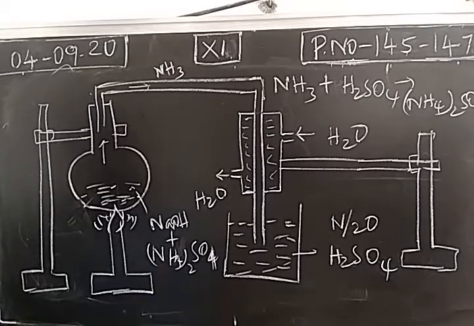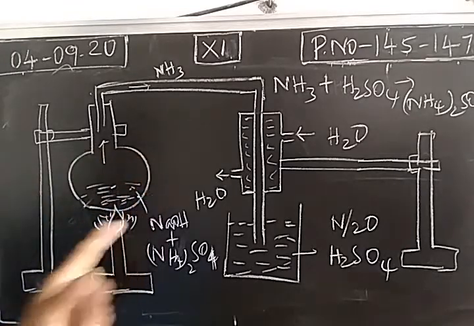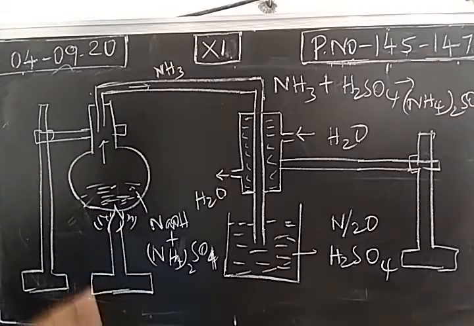We heat this along with the copper sulfate and potassium sulfate. Copper sulfate is acting as catalyst. So now the mixture is heated in Kjeldahl's flask. We get ammonium sulfate. Take the ammonium sulfate, keep it in the round bottom flask along with the sodium hydroxide. You just heat. Ammonia gas will come out.